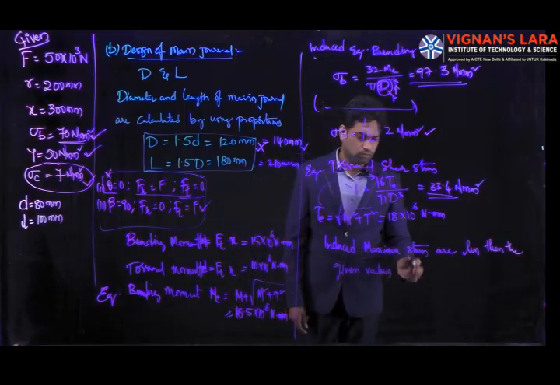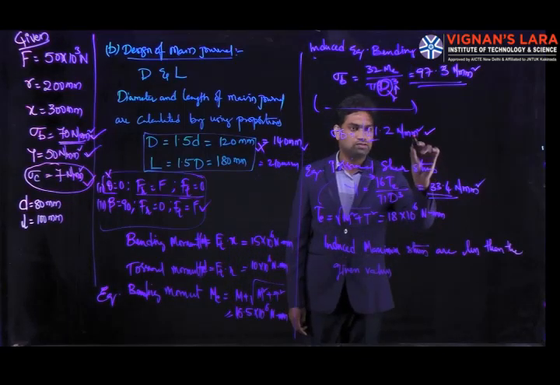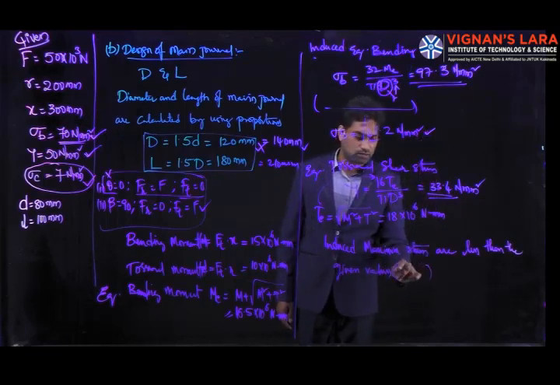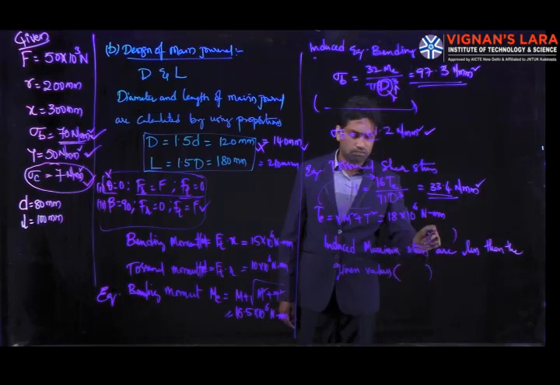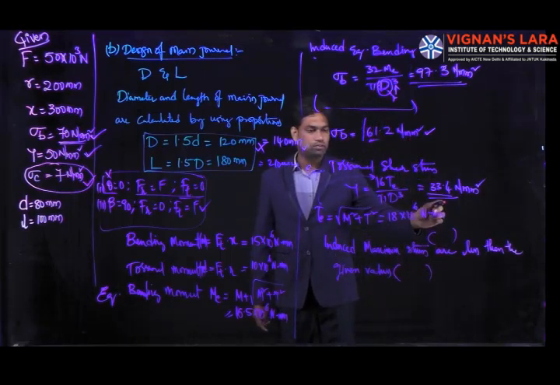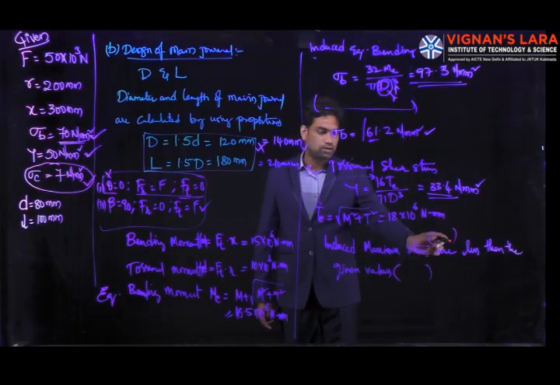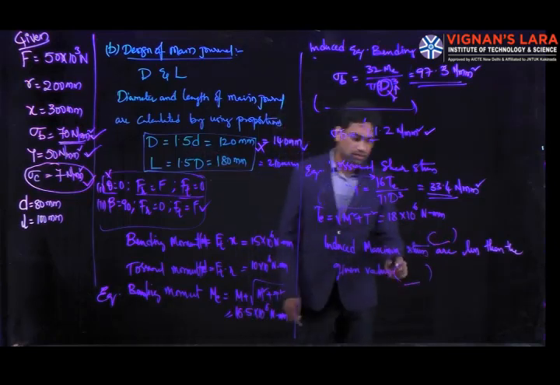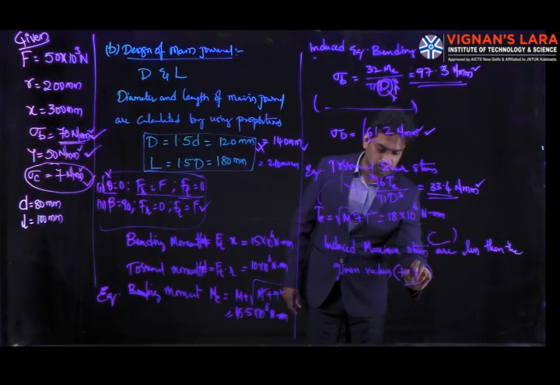It is better to indicate the induced as well as the given values in brackets here: sigma b is 61.2 and tau is 33.4, and the given values are 70 and 50 Newton per mm square.